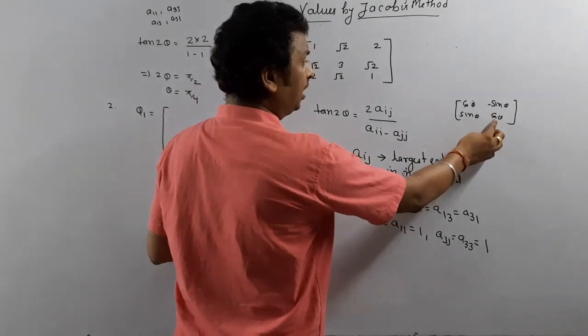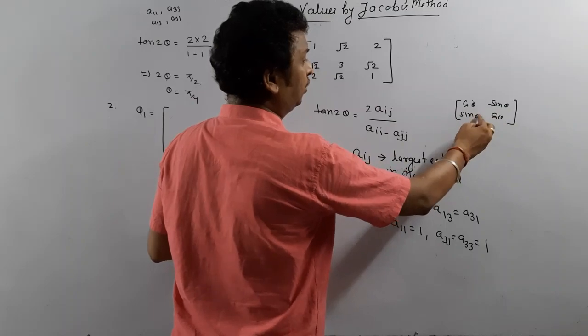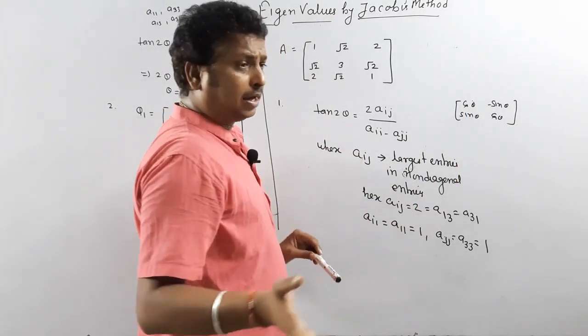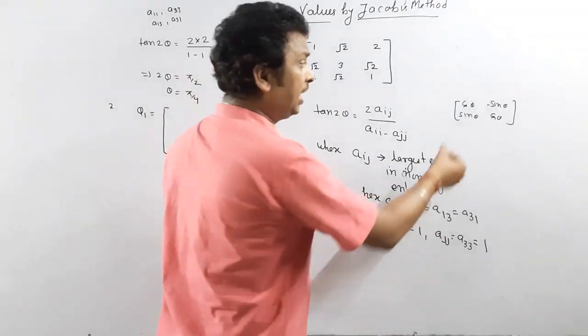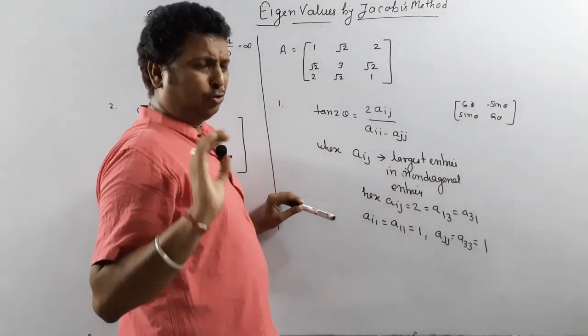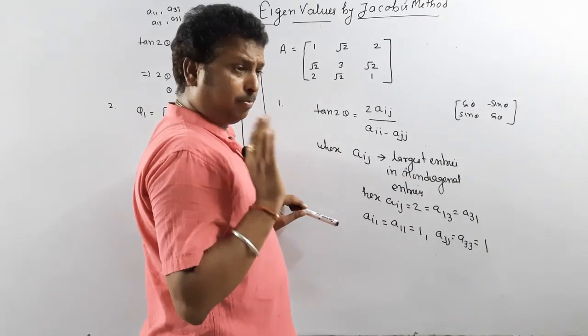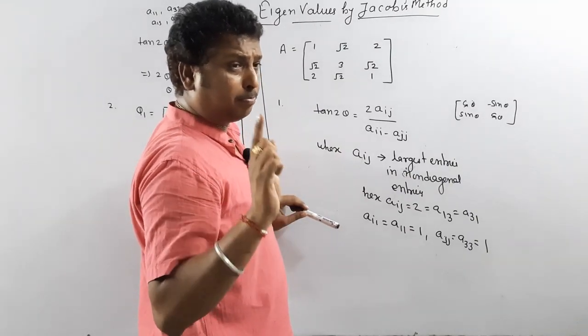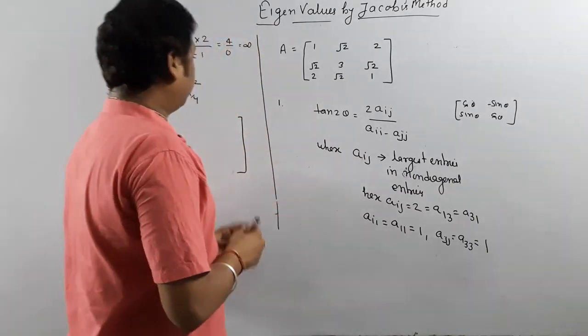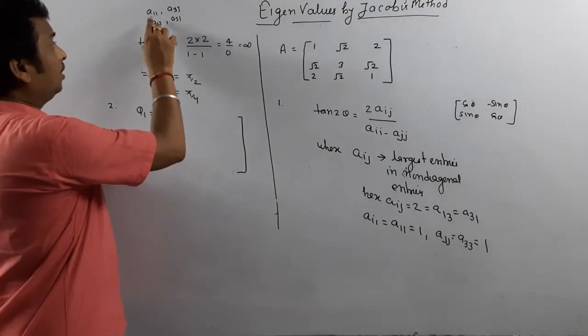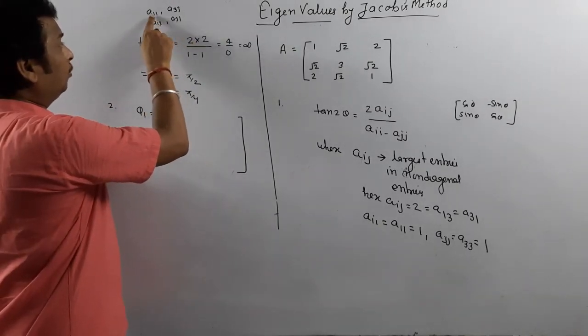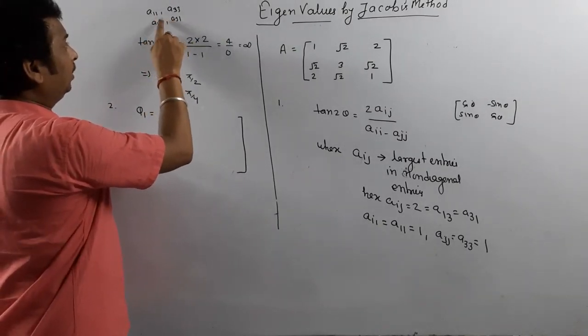Because what is the modulus? Cos square theta plus sin square theta, that is 1. Some writers choose the minus sin theta here. It's your choice. Nothing matters. Either you take it here or here, but always keep in mind the modulus must be 1. So now, we have chosen A11, A33.